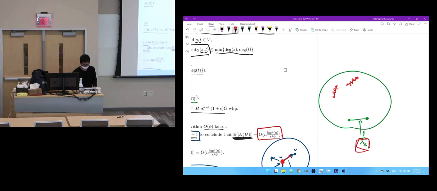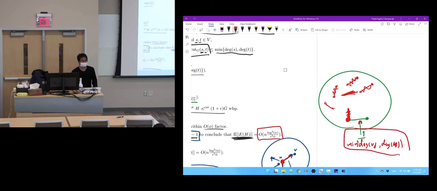But if you say the probability to sample this is just based on the degree of v and the degree of u, the min here, then when you do any update here, you add an edge, you delete something, it doesn't matter. You just wait until the degree of u changes quite a lot. Then you need to change this.